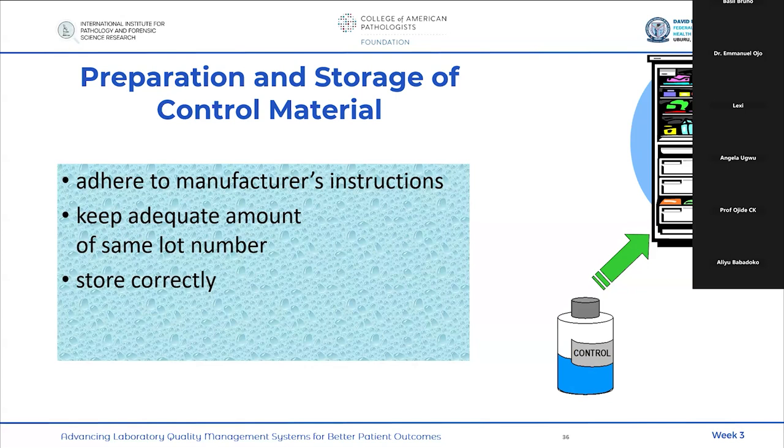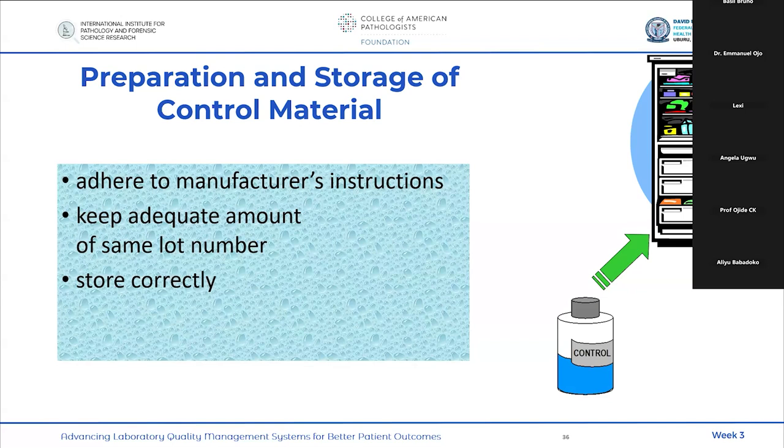This is part of verification process of new control material. And if you say we have to run this concurrently with what you are doing, this, of course, will lead to consumption of reagents. But if you have the same lot number in adequate, sufficient quantity, this process will not be repeated more often.